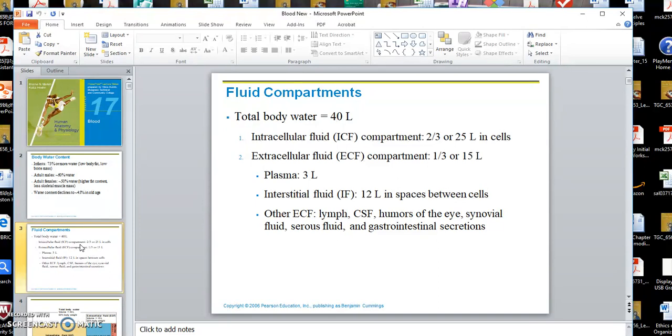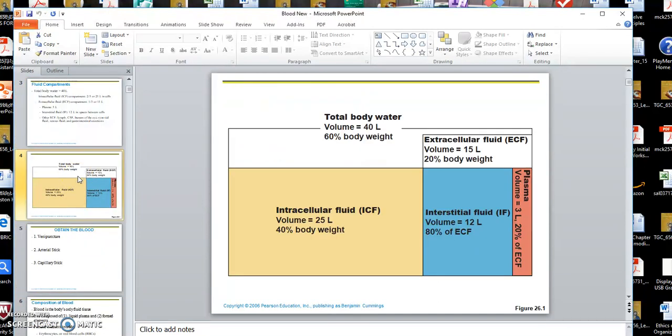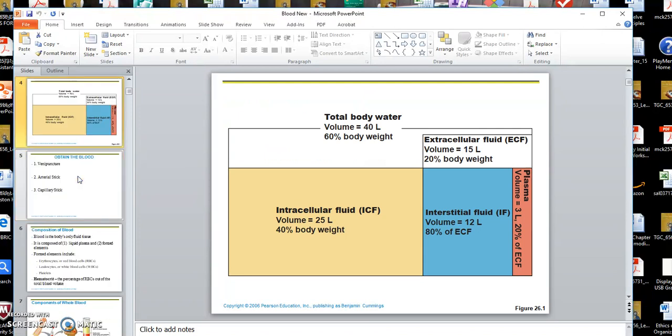Most of the water is located inside the cell, because that particular person has close to 100 trillion cells, with some water on the outside. The plasma, around 3 liters, is a component of the blood, and then the interstitial fluid is that which bathes the cells. Here again, you can look at a division of the water.